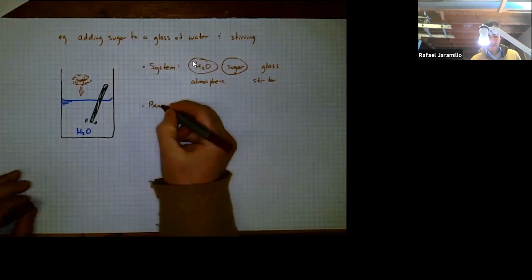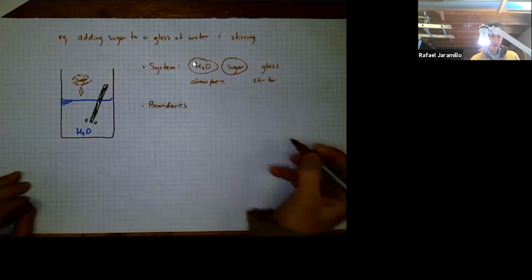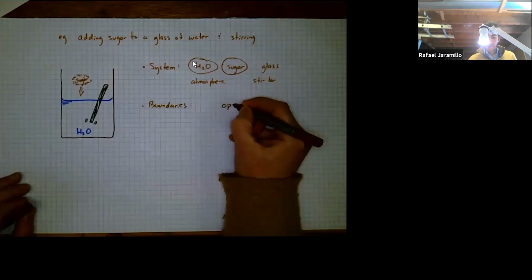What about the boundaries? All right. These are the types of boundaries.